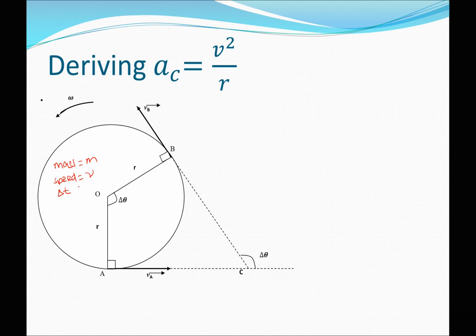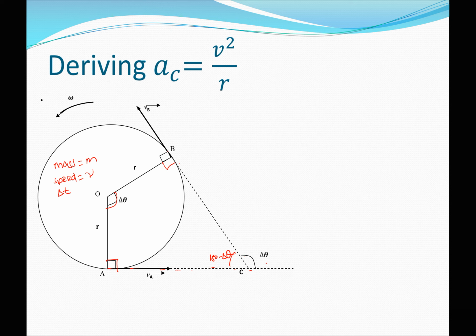So I can draw what we call a vector diagram from this. So I just prolonged this and I prolonged that. And if you're a mathematician, you notice that if this is 90 degrees and this is 90 degrees and this angle is theta, this angle is going to be 180 minus delta theta, which means the other angle is going to be delta theta.